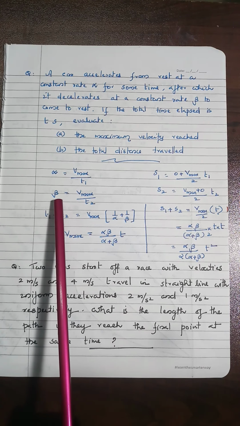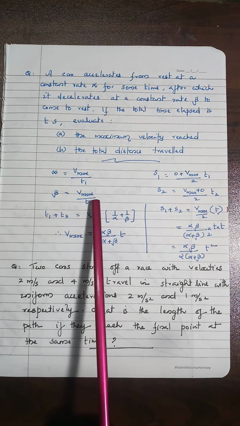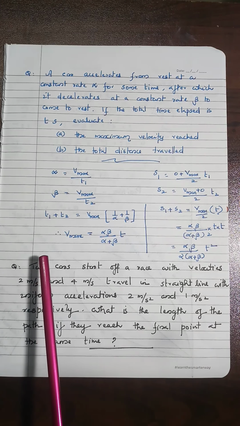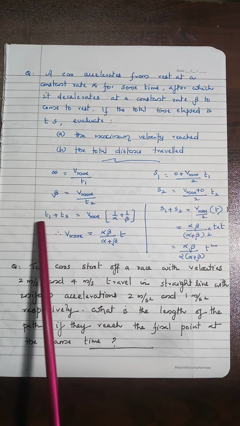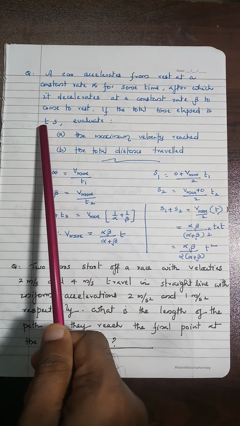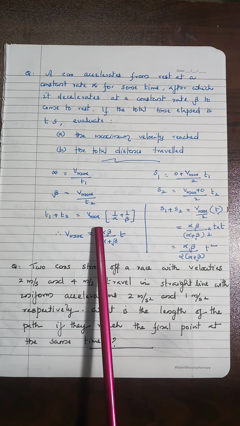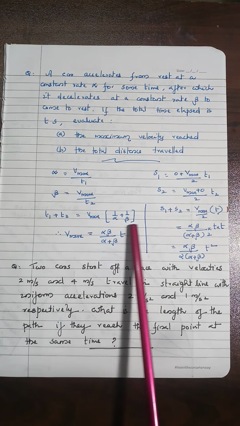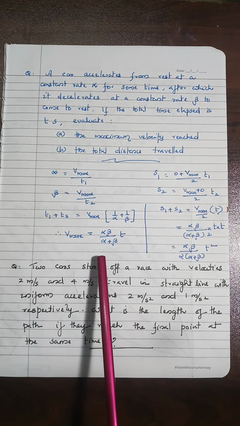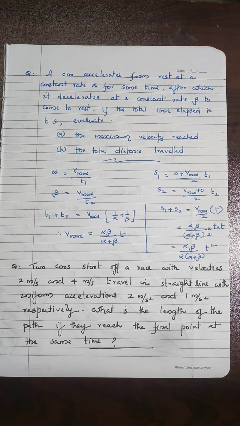For the second part, beta equals V max by t2. Then you can rearrange and find the value for t1 plus t2. Here t seconds is equal to V max into 1 by alpha plus 1 by beta, and hence the maximum velocity is alpha beta by alpha plus beta into t.